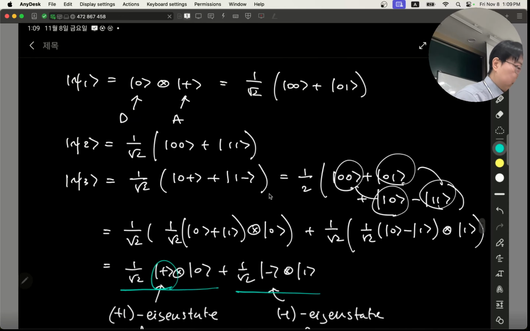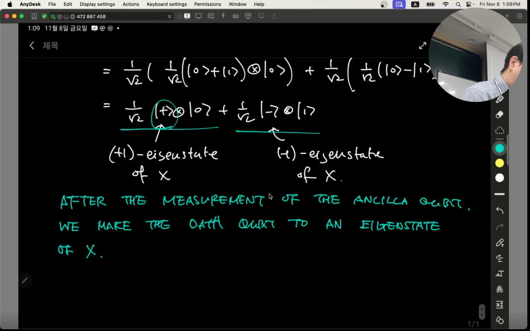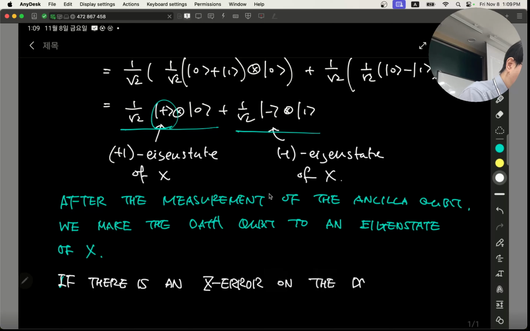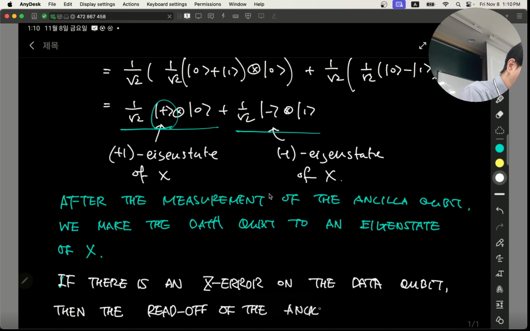So here, if there is an error, a Z error on the theta qubit, then the read of the ancilla qubit is changed.